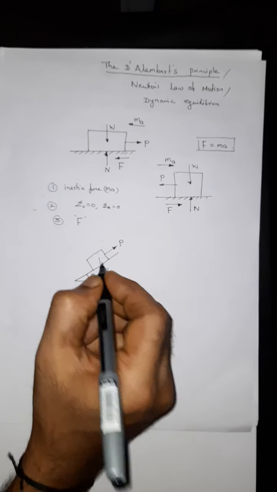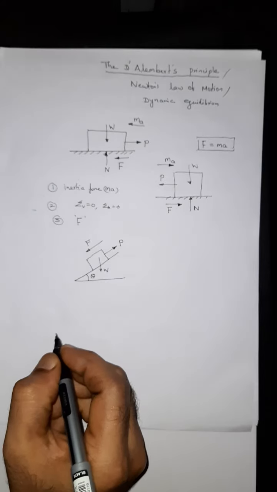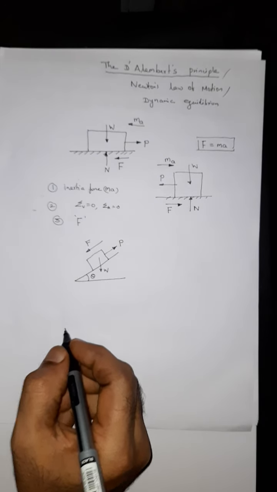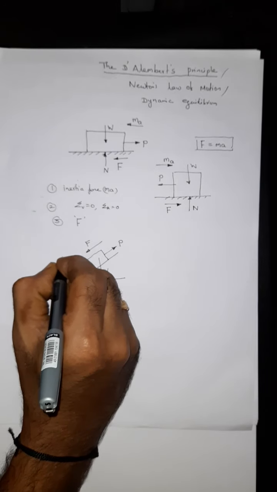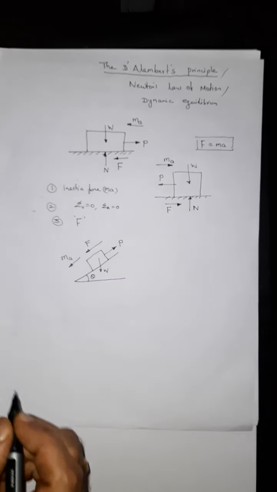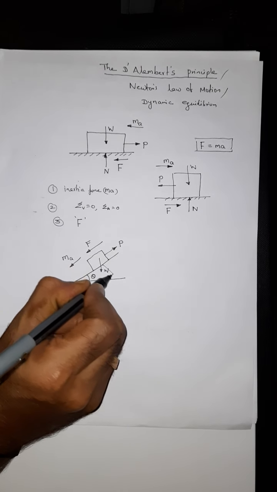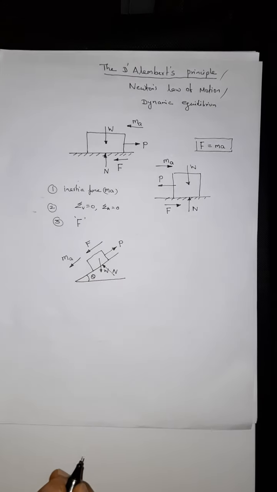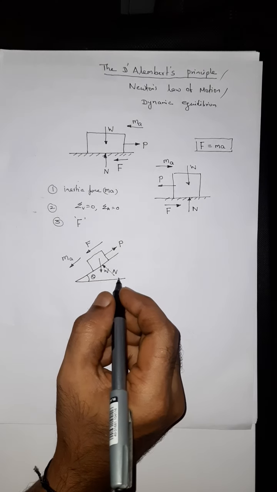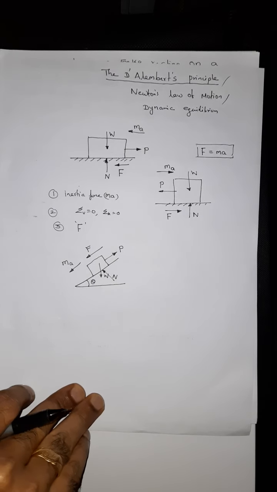Therefore the friction will act opposite of this direction. Moreover, the inertia force will also act in this direction, and the normal reaction will be perpendicular to the surface of the object. Clear? Right.